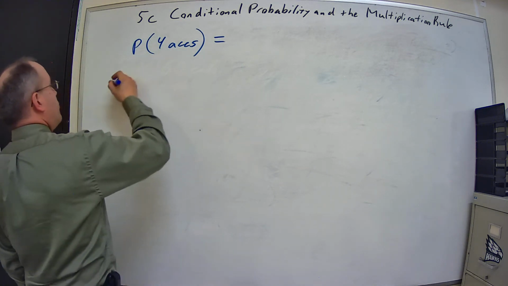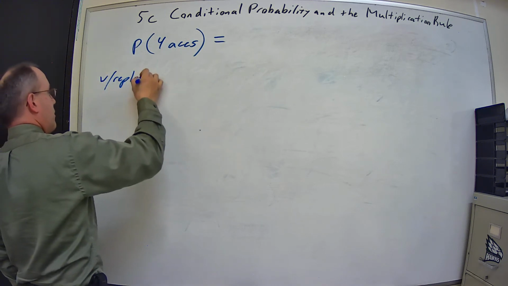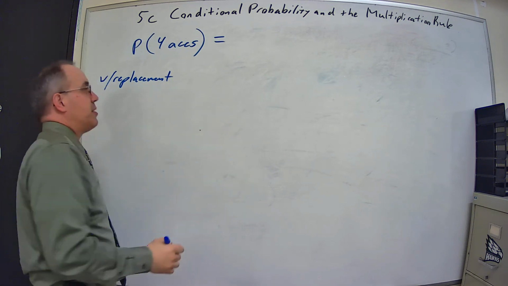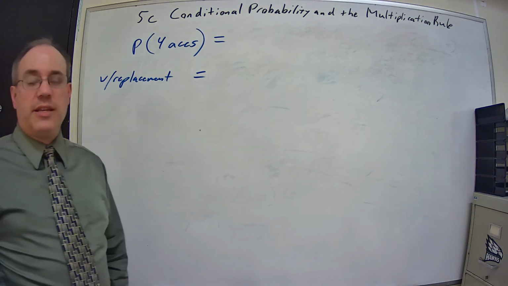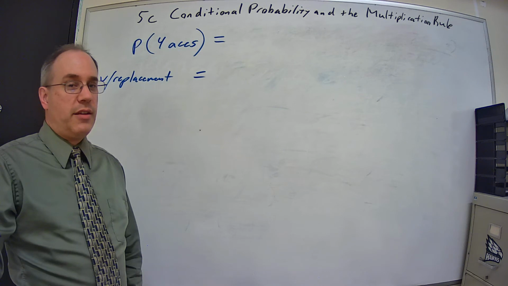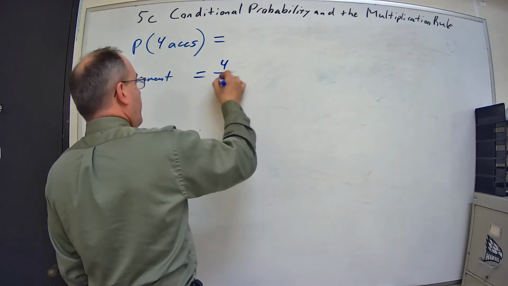So let's say we do it with replacement. So with replacement, the probability of selecting an ace the first time, remember there are 4 aces in the deck, and there are 52 cards in the deck, that would be 4 over 52.